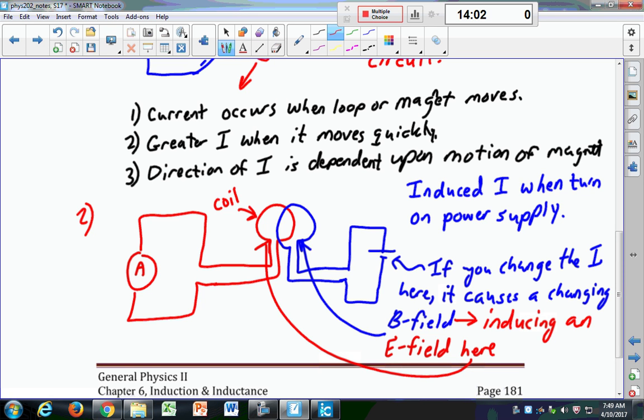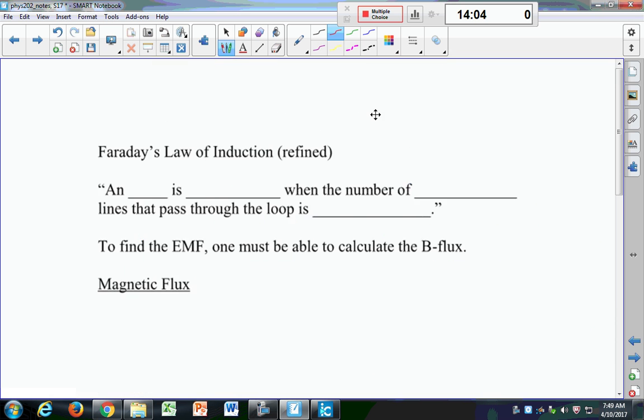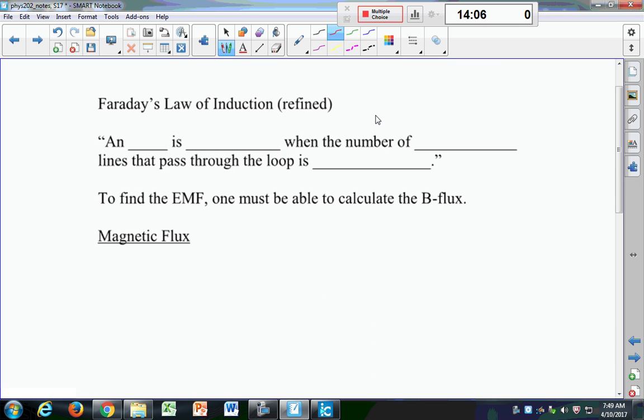All right, and he came up with this law, Faraday's law. It's called Faraday's law of induction. It says an EMF is induced. Remember EMF? That's our electromotive force, right? It is induced when the number of magnetic field lines that passes through the loop is changing.